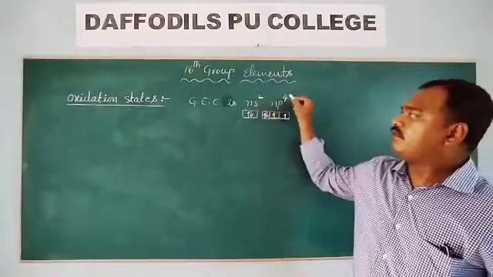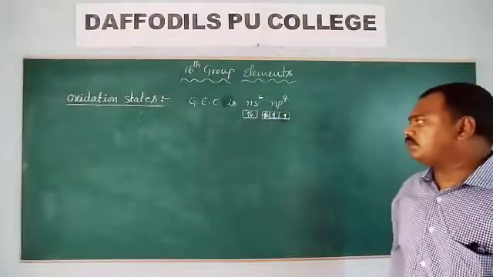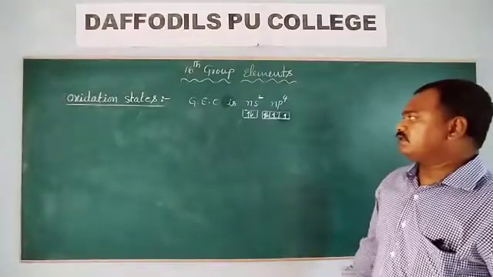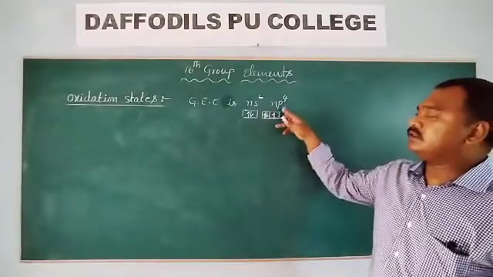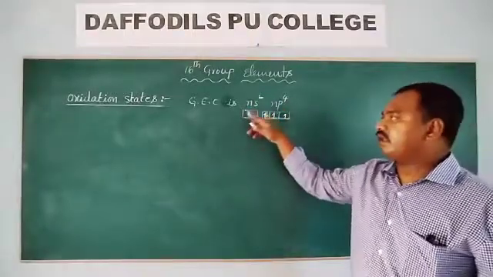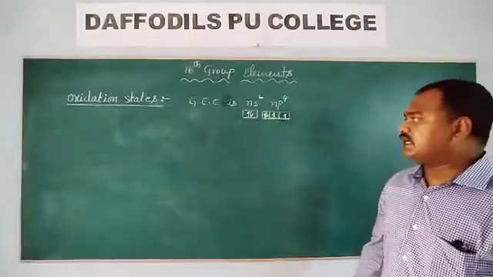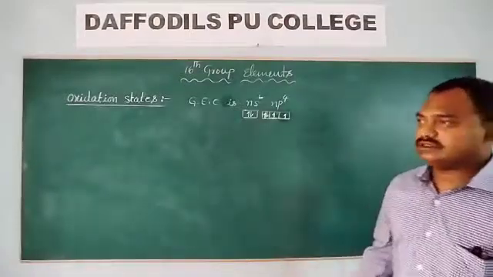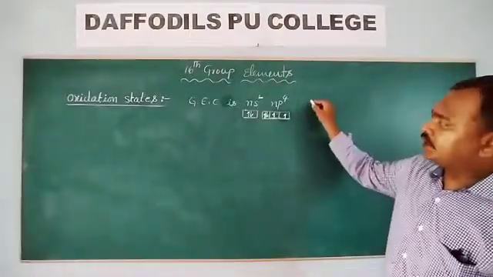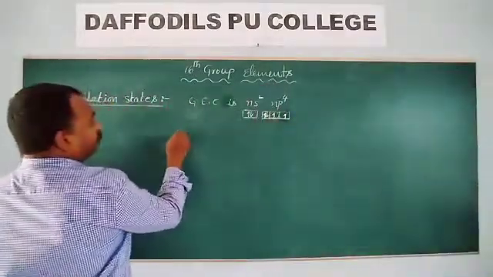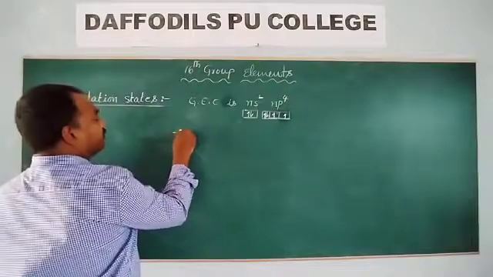Then the total number of electrons in ns2 and np6 becomes 8. When it receives 2 electrons, the total number of electrons in the valence shell becomes 8, and it reaches the octet electronic configuration. When it takes 2 electrons, it gets the oxidation state of -2.